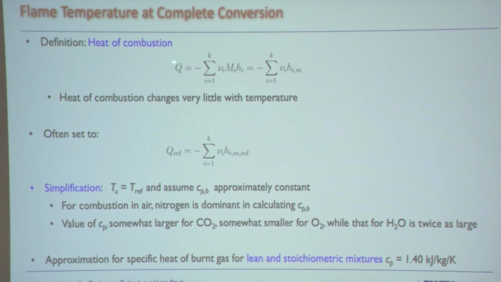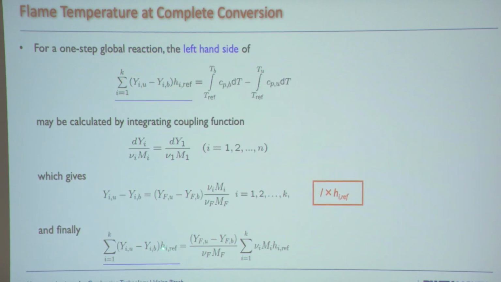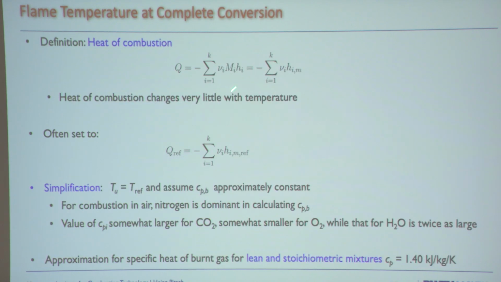One thing that is important to note here is that the heat of combustion maybe depends on the temperature, but we want to say the heat of combustion should be independent of temperature, so we can evaluate it here at the reference condition.